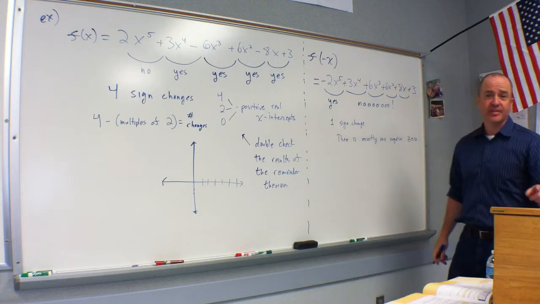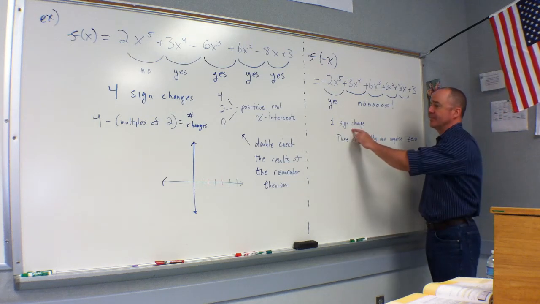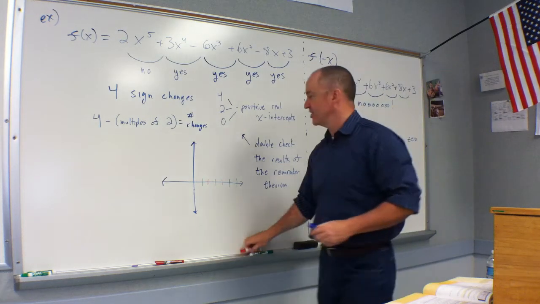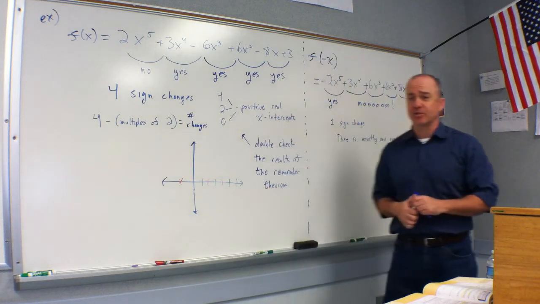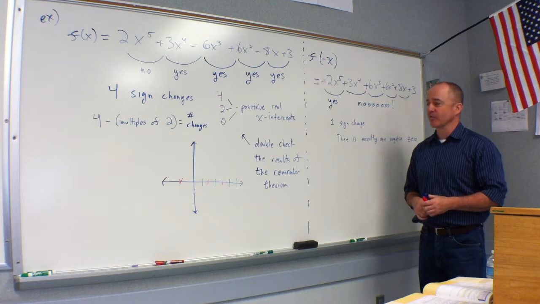And it is real. It is not complex. So I know for a fact, if I don't find at least one x-intercept over here, it must be irrational if I've done the remainder theorem correctly, but it's got to be there. So I know I can go looking for it.